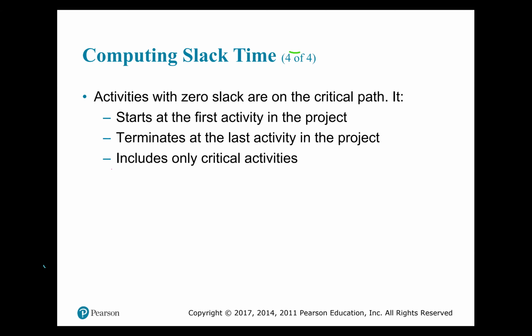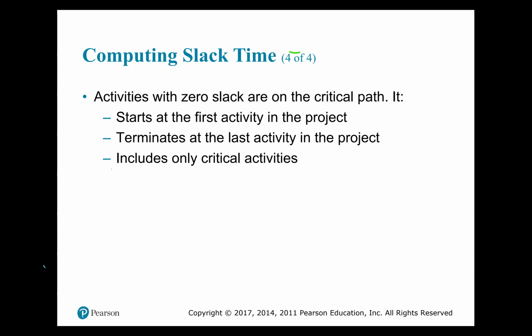You cannot jump over them and you cannot jumble them up. It's a pathway, one after the other, right? Now, it starts at the first activity in the project and terminates at the last activity in the project. That is the critical path, right?